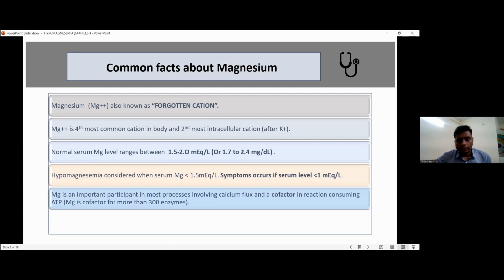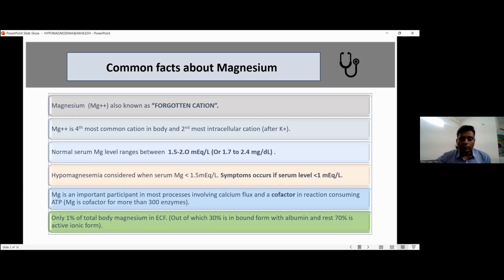Why is magnesium that much important? Magnesium is important because it is involved in various reactions where calcium flux is required. It is a cofactor for various enzymes where ATP gets consumed. More than 300 enzymes in the body require magnesium for their action. Only 1% of total magnesium is in extracellular fluid.